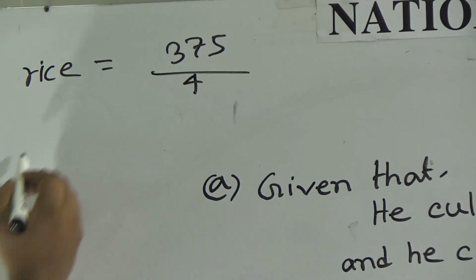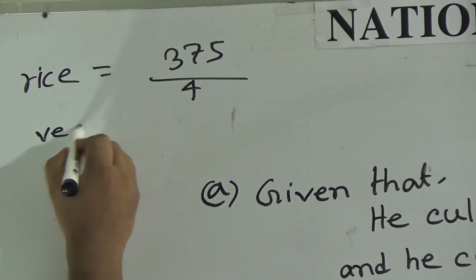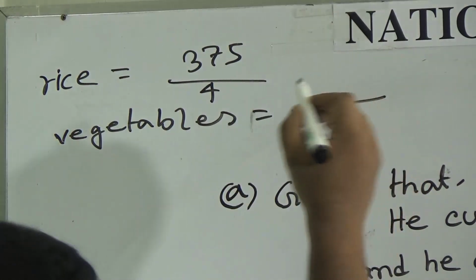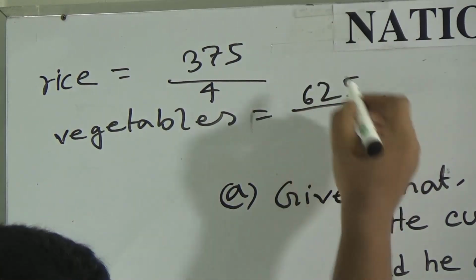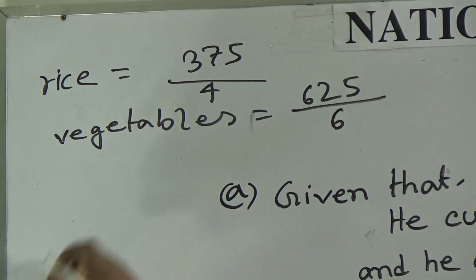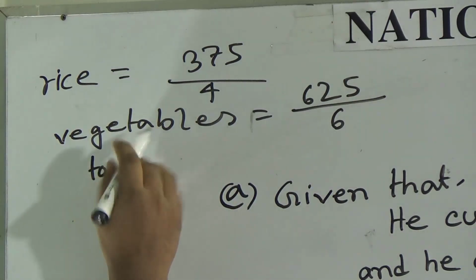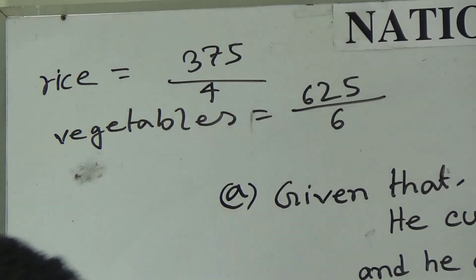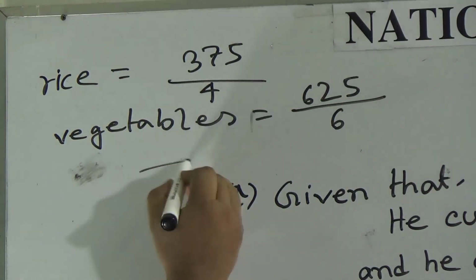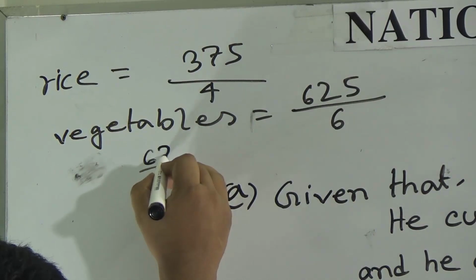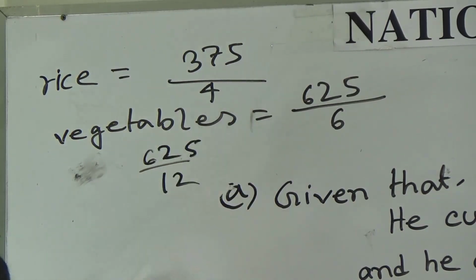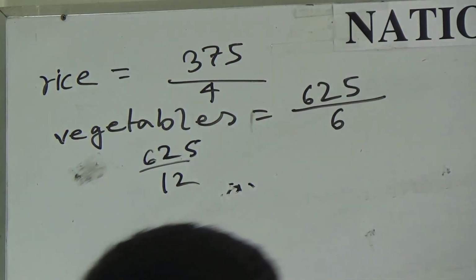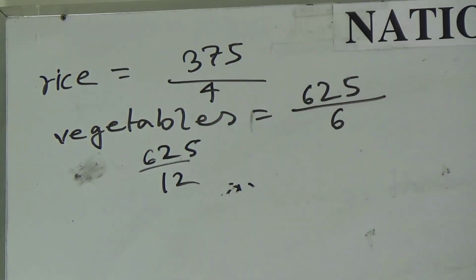Vegetables 625 by 6. Total 625 by 12. Okay. Now I erase this to solve question number B.